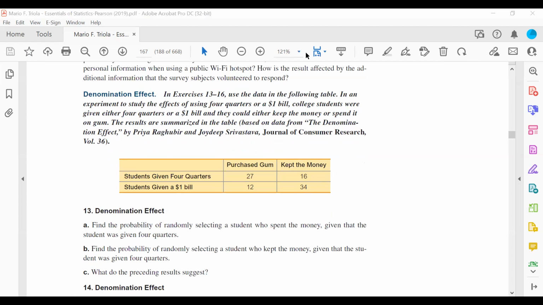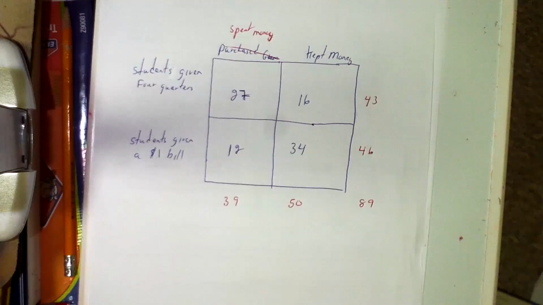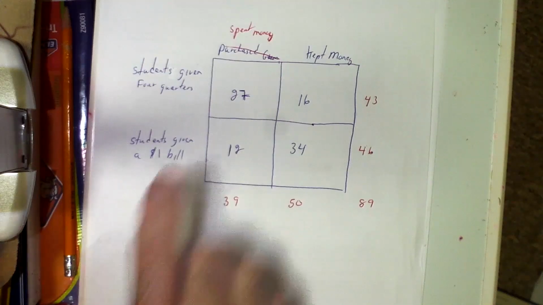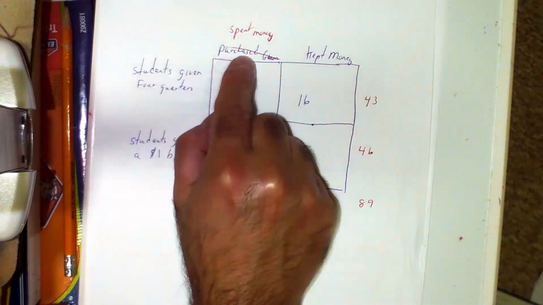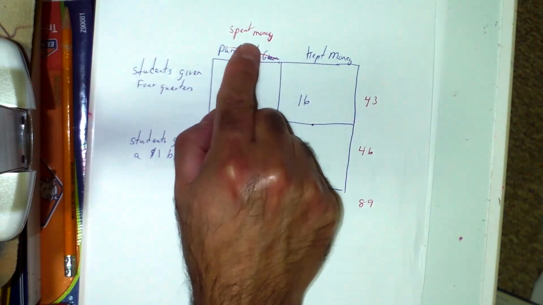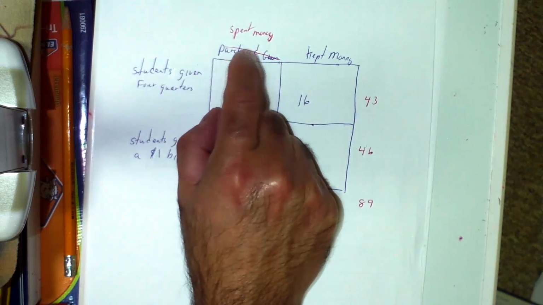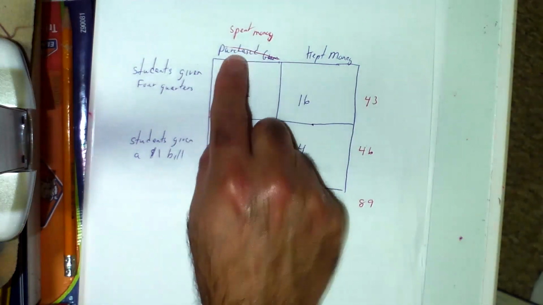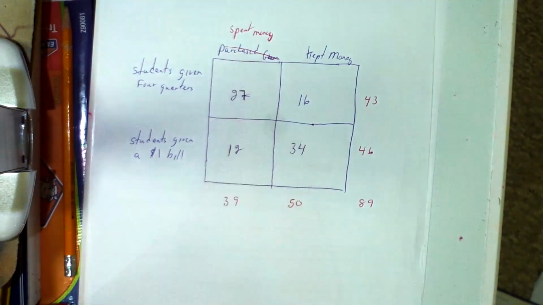All right, let me add the columns and rows for you. I'm going to replace purchased gum with spent money because that's what they did. In order to purchase the gum, you have to spend the money, right? So there's where the confusion falls. Spent gum is really purchased gum.